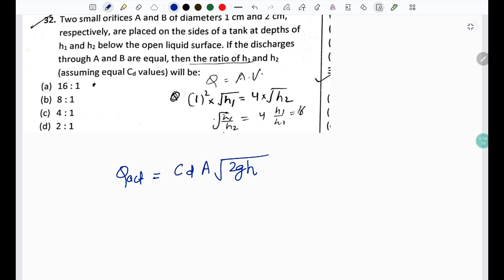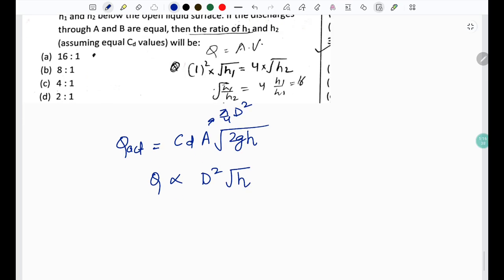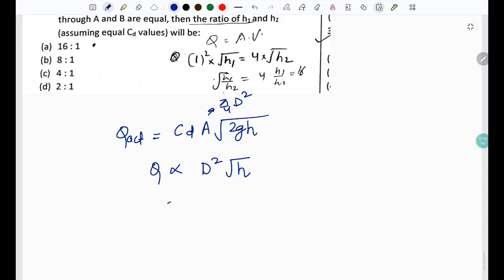So clearly, if CD is constant and dia is given, the only two parameters working here are d and h. Q is directly proportional to, since area is pi by 4 d square, where pi by 4 is constant, I can simply say it is directly proportional to d square and root h, because root 2g is also a constant. So I may write Q1 equals Q2, that will be d1 square root h1 equals d2 square root h2.